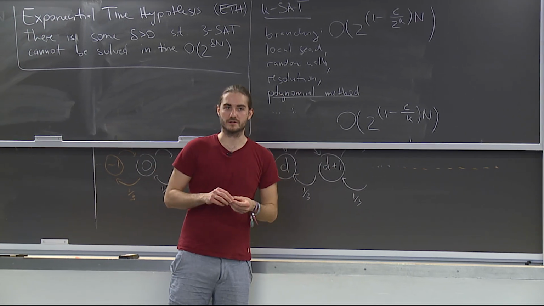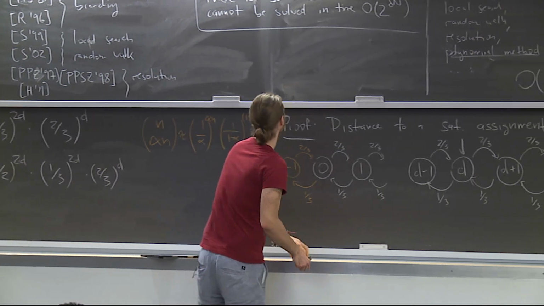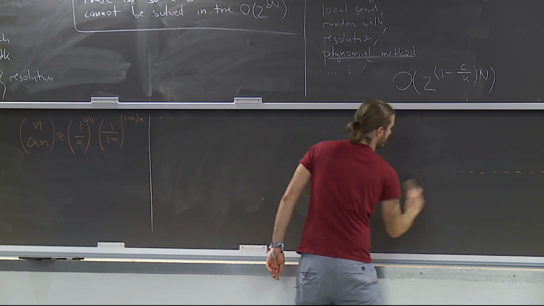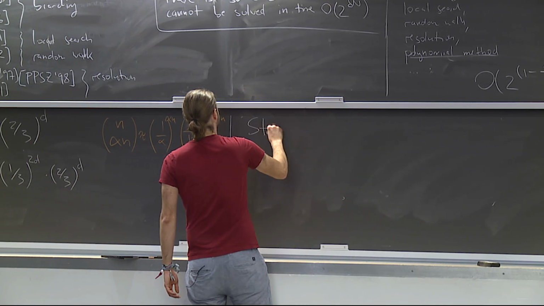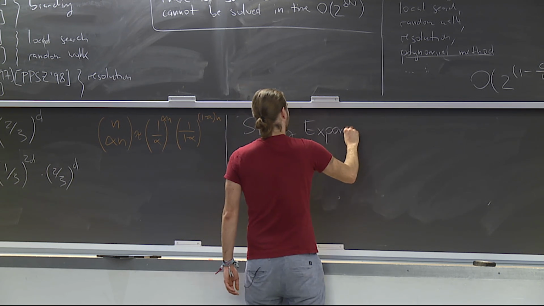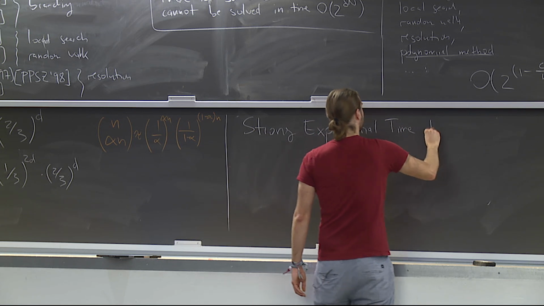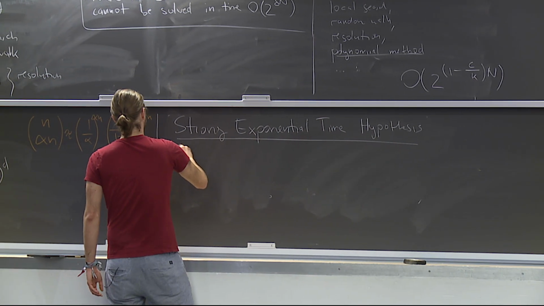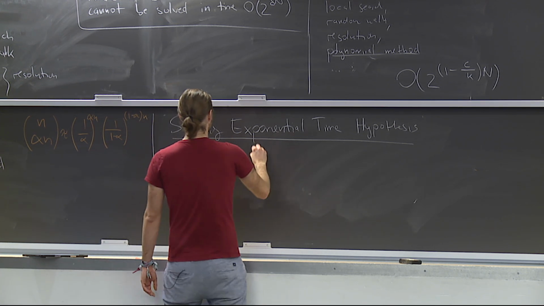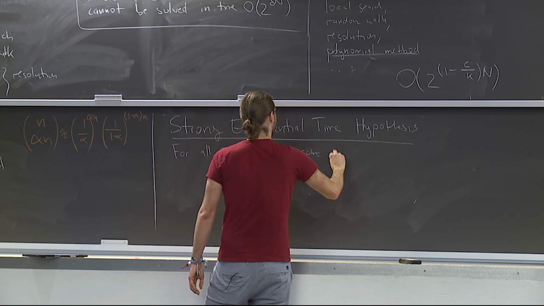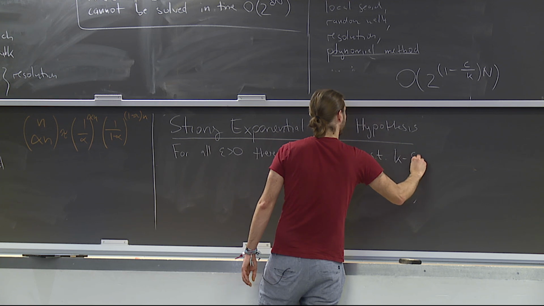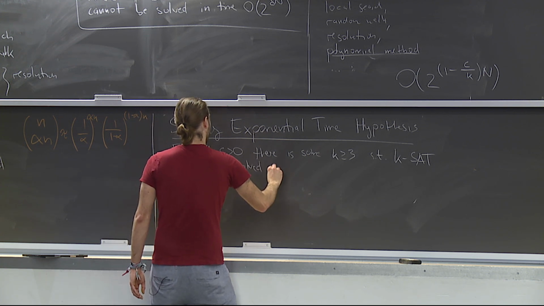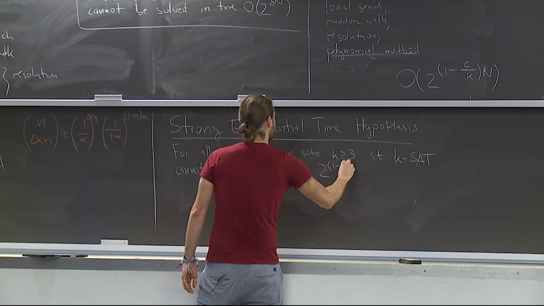And that statement is the strong exponential time hypothesis. Formally, it says that for all constants epsilon, there is some k such that k-SAT cannot be solved in time 2 to the (1 minus epsilon) times n.